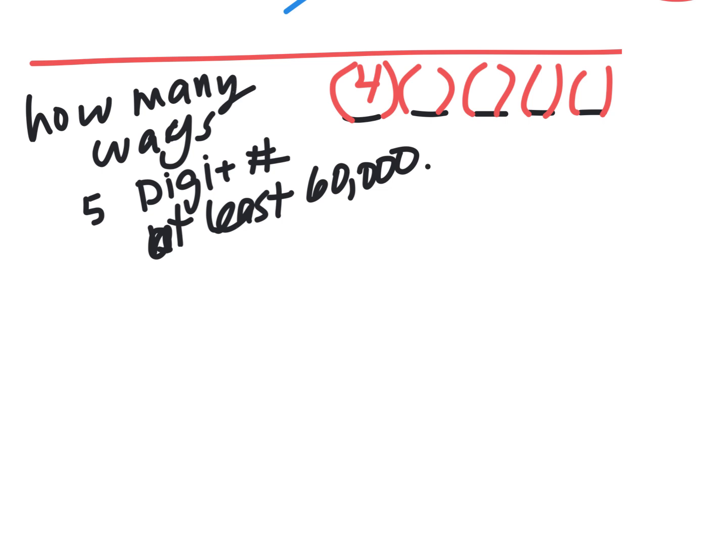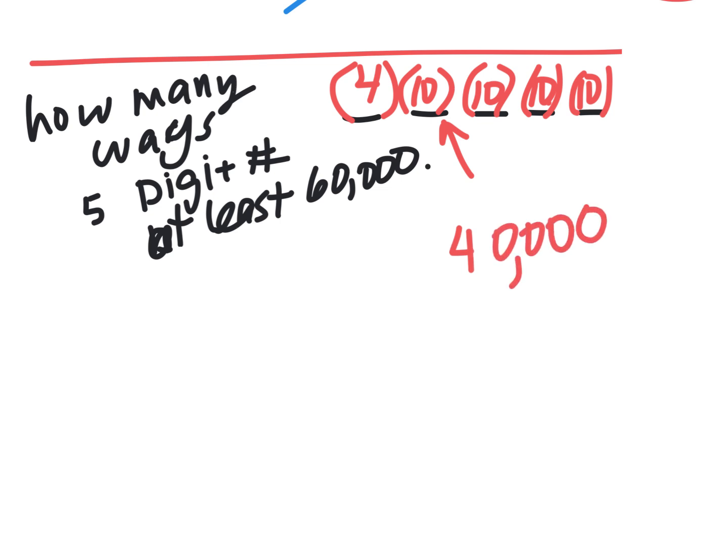You have to ask yourself, what choices do I have for this digit of the number? Couldn't it be anything? And how many choices are there? 10, and 10, and 10, and 10. So if I actually wanted the answer, it's a 4 with 1, 2, 3, 4 zeros. There's 40,000 different ways you can make a number that's at least 60,000.